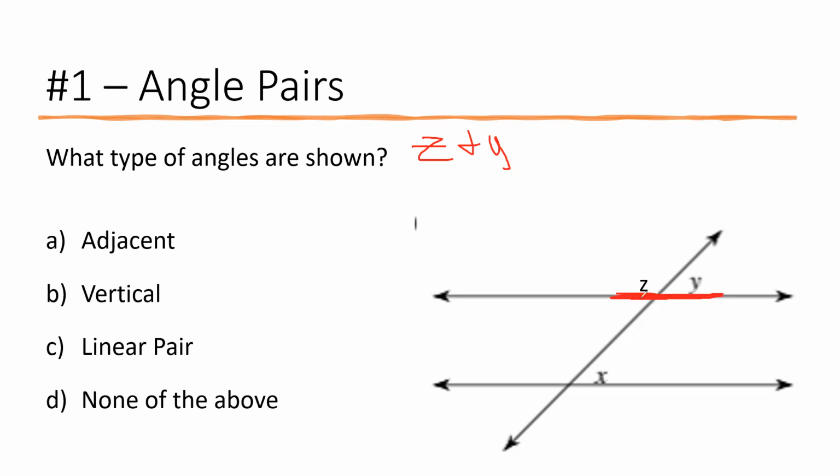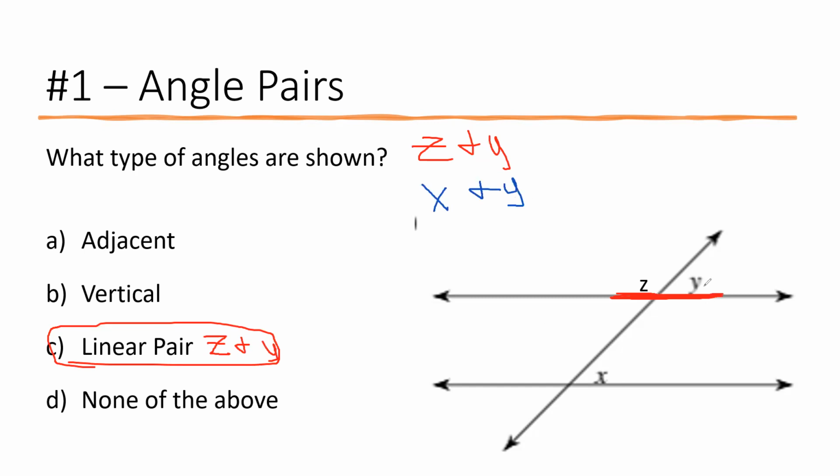So these two angles come together to form a straight line, which means Z and Y together make up a linear pair.